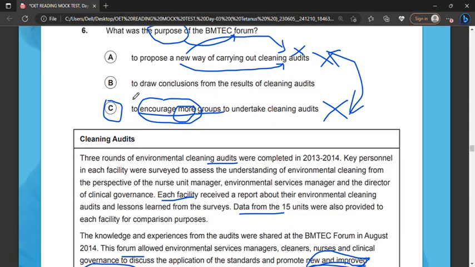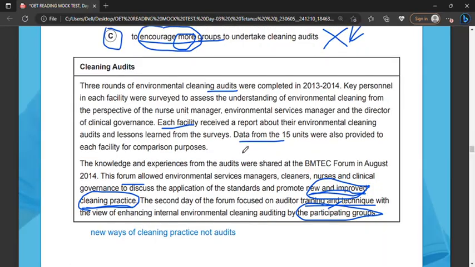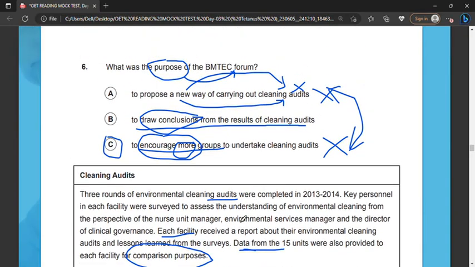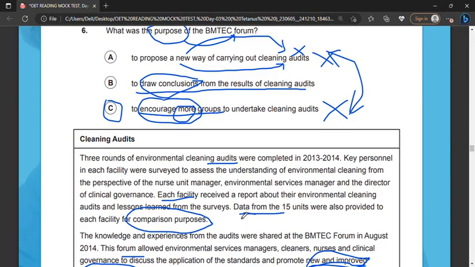So why is the answer B? To draw conclusions from the results of the cleaning audits. Draw conclusions, where they're talking about data from 15 units also provided to each facility for comparison. They are saying that if we send our outcomes to each unit, they can compare with other units, so they can improve.